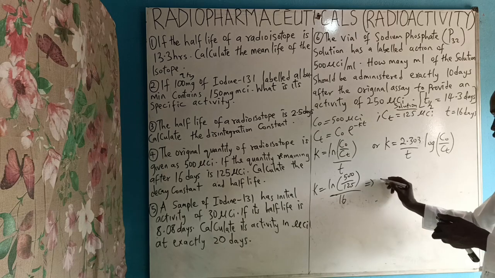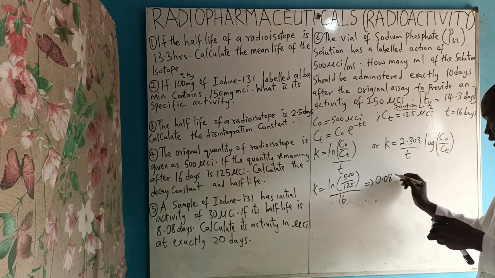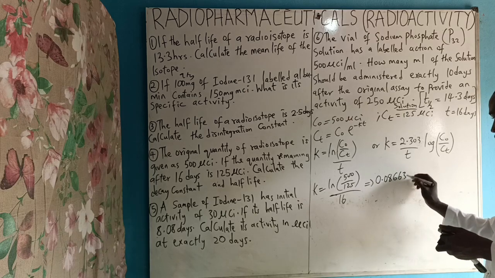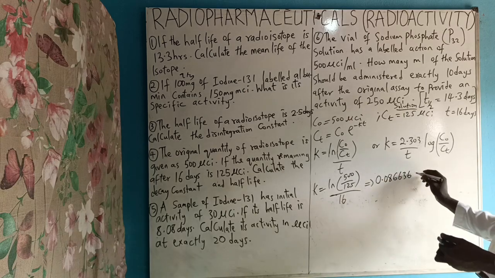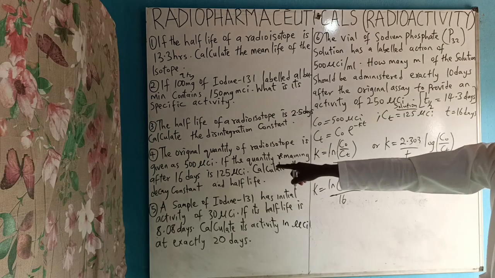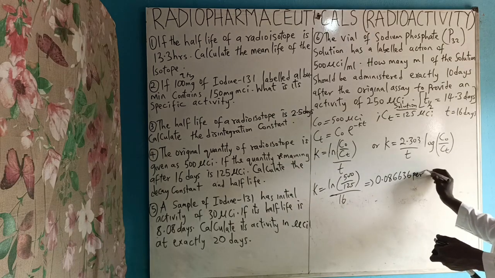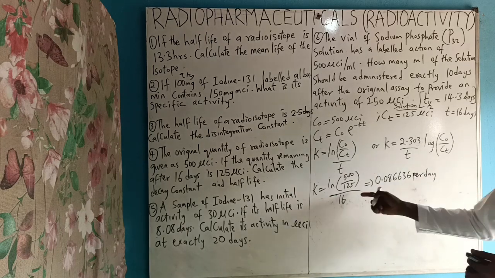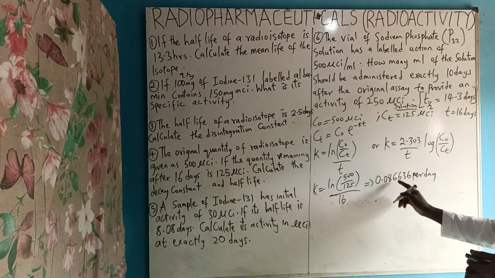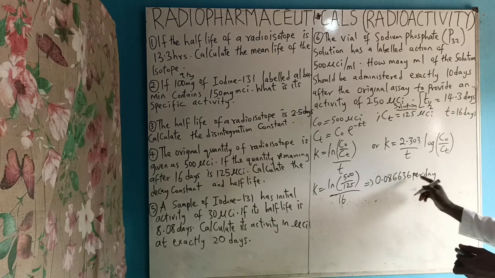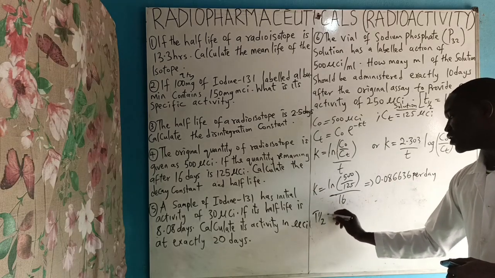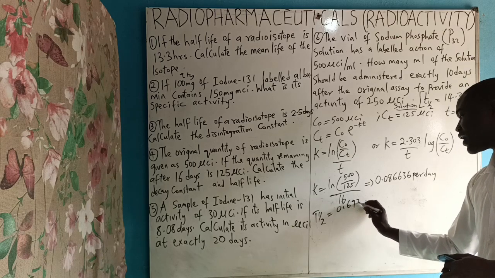It will be giving you 0.086636 per day. So what we now have here is K is 0.086636 per day.